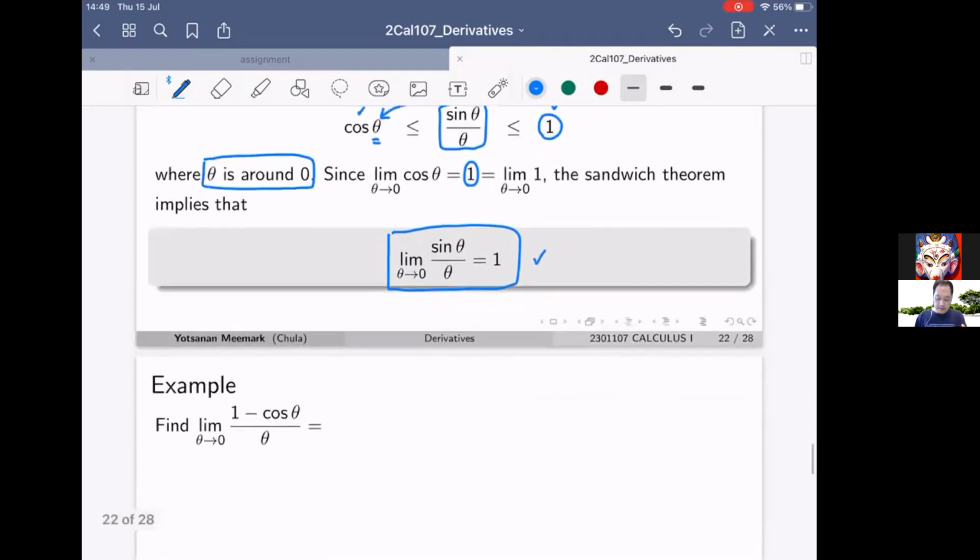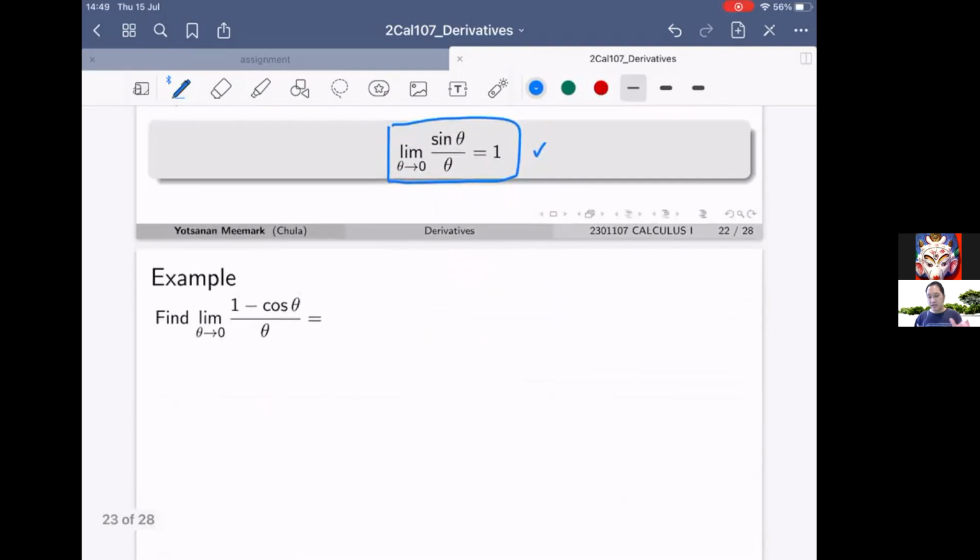Okay, so can we manipulate it a little bit? How about this one? As you see, 1 minus cosine, or 1 minus sine, one thing that you may need to think of is that cosine square theta plus sine square theta equals 1.